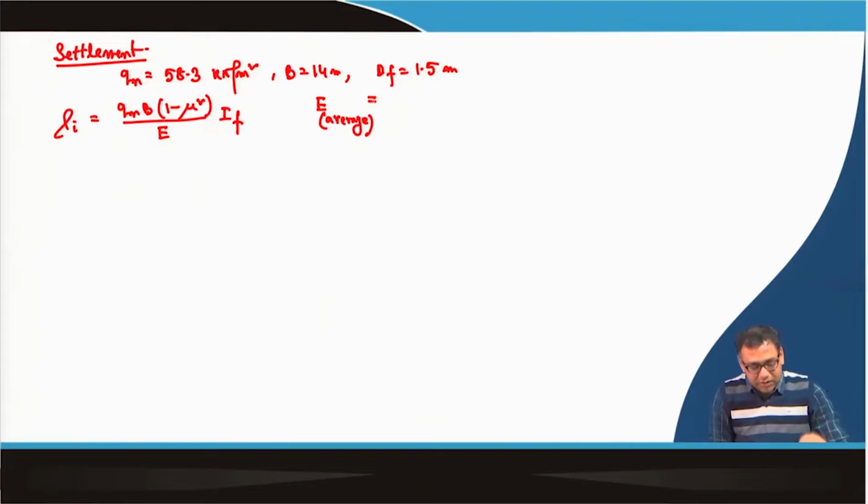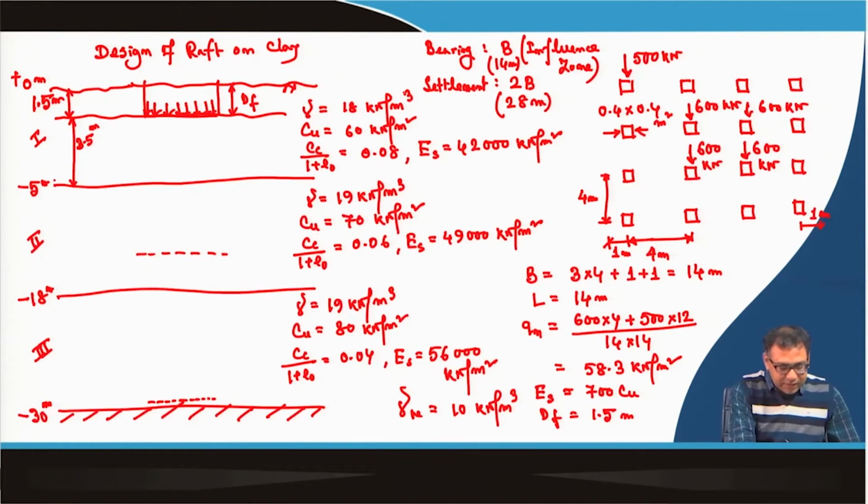So, you can see the first layer it is 3.5 meter, then the second layer is 13 meter, and for the last layer it will be 11.5 meter.